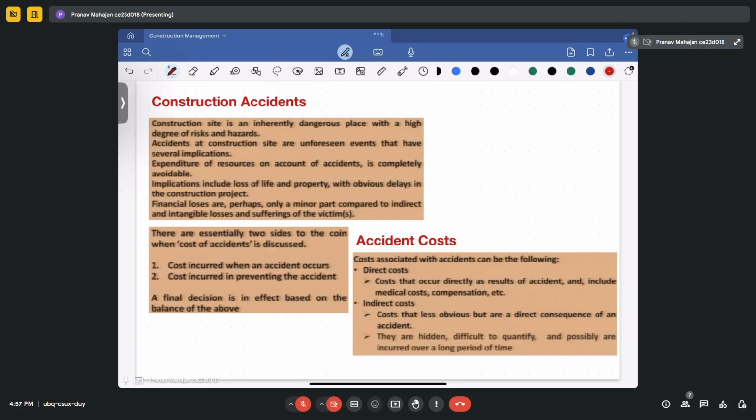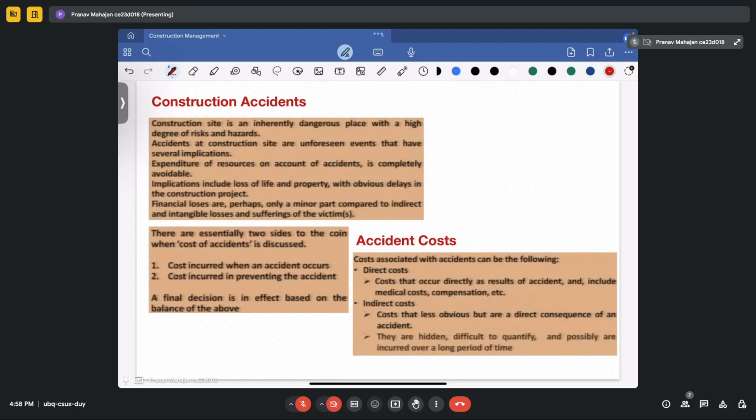Direct costs are the costs that occur directly as the result of an accident and include medical cost and compensation. Another is indirect cost. Indirect costs are the costs that are less obvious but are a direct consequence of an accident.